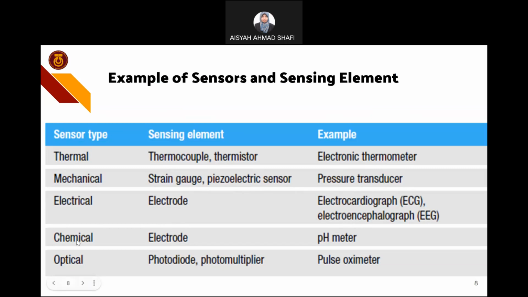And the chemical sensor also uses an electrode, but usually for the pH meter. And the optical sensor uses the sensing element of photodiode and photomultiplier, so it's used for the pulse oximeter.